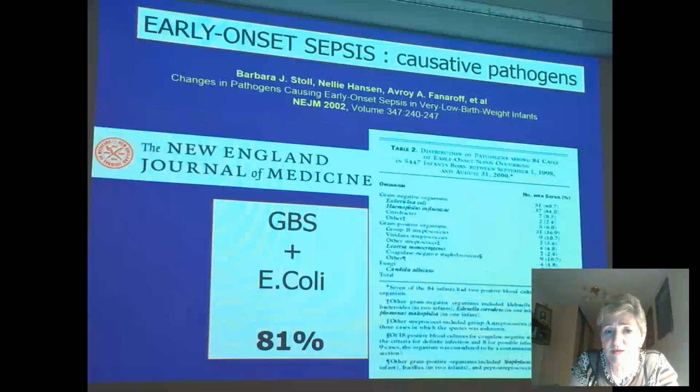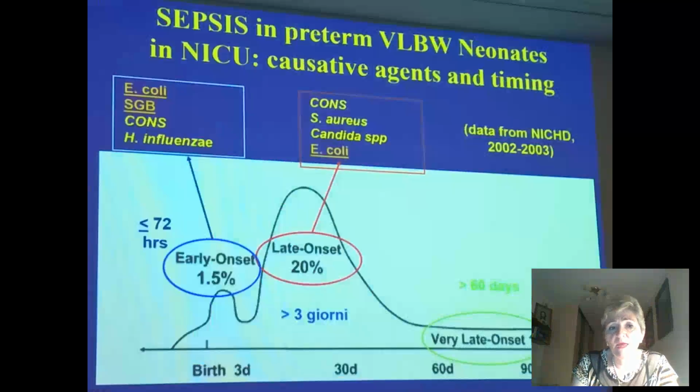In this slide, we can see the main etiologic agents of early onset sepsis, and we can see that group B streptococcus and Escherichia coli are the main etiologic agents of early onset sepsis, about more than 80%.